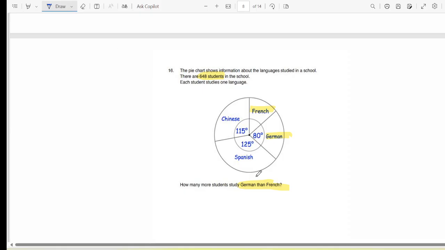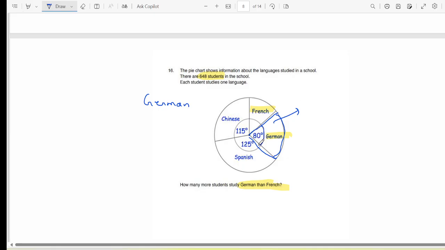So let's first find out how many students study German and French, then we can compare them, right? So let's start with German. German is a sector, part of a circle. To find the area of a sector, what formula do we use here?